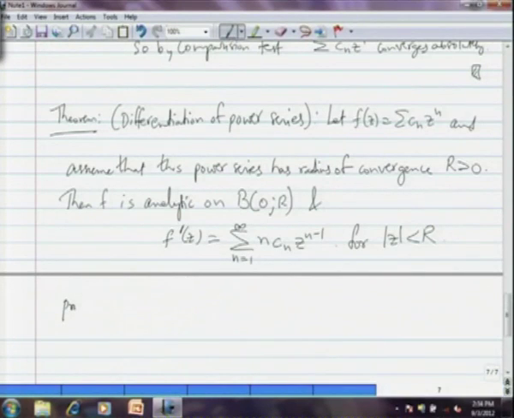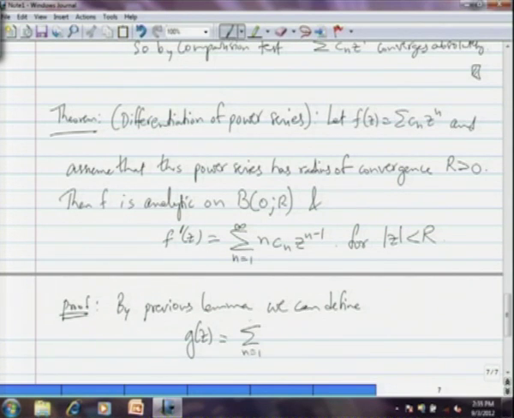Okay. So, proof. Firstly, by previous lemma, since the derived series sigma n C n z power n minus 1 and this series itself sigma C n z power n have the same radius of convergence, we can define g of z equal to sigma n equals 1 through infinity of n C n z power n minus 1 for modulus of z strictly less than R. Okay.